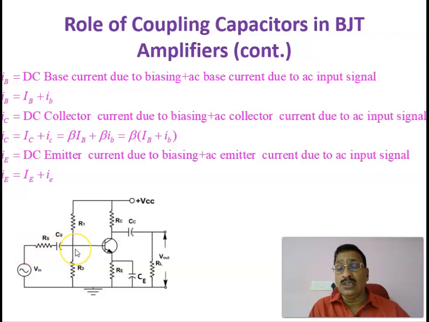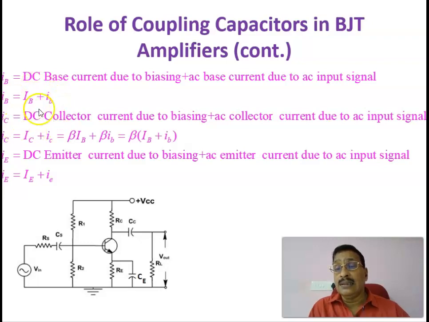The AC base current due to the input signal passes through the coupling capacitor, plus the biasing current, and that is the total base current, represented as iB. This current is equal to iB. That is, iB is this current due to the biasing voltage VCC, the DC current, plus this AC current, where small ib is the AC part of the current.